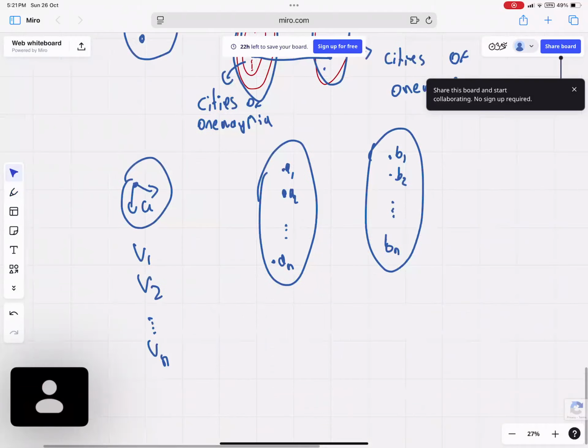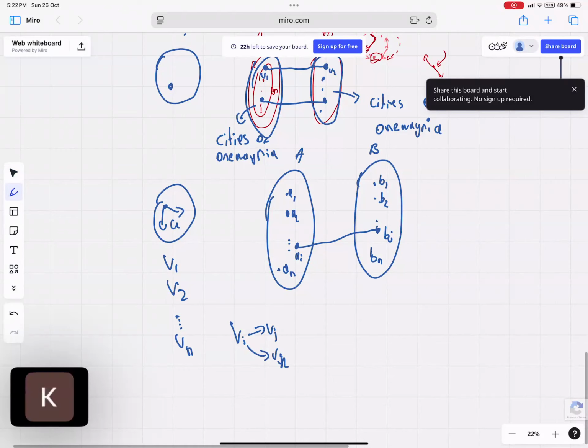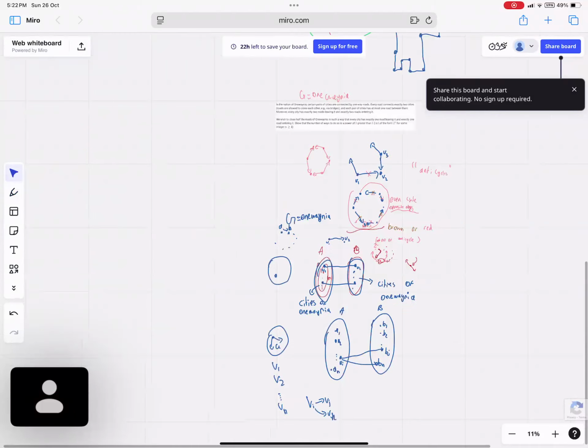Now if Vi points to Vj in our original graph, we draw an edge between Ai and Bj. So you are drawing edges from set A to set B, not set B to set A. Yes, that is right. So Vi points to 2 things, Vj and Vk, then it has two edges. And Vj is pointed to by 2 things. Okay, that's clear.